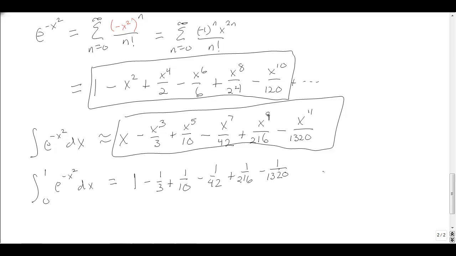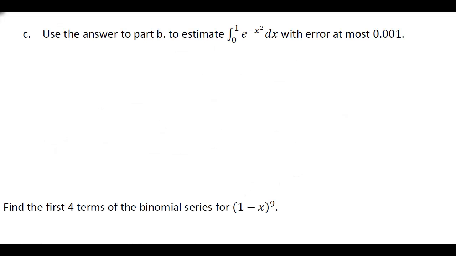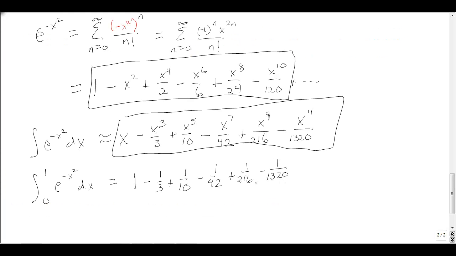You could get more and more terms, but this is an alternating series, and the alternating series estimation says that the error from using the first however many terms is at most the next term. We want an error at most 1/1000th, so the first term we don't use needs to be less than 1/1000th. Actually, you could stop at 1 over 216 and add up these first 5 terms, and that would give you something within 0.001.